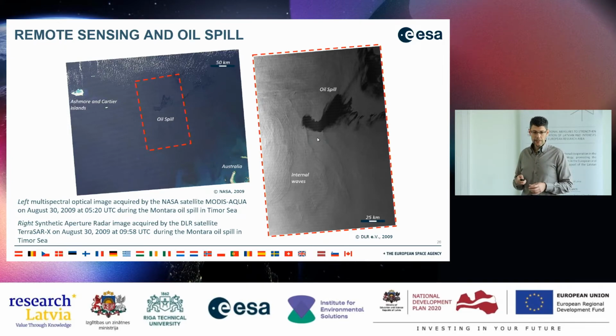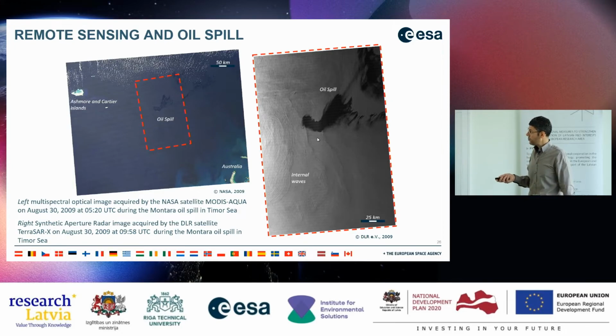The oil in the optical image appears sometimes, in this case, dark blue, but sometimes you have this shining effect, which gives a light gray vision of the oil. This depends on the sun glint, so how the optical satellite is looking at the scene.